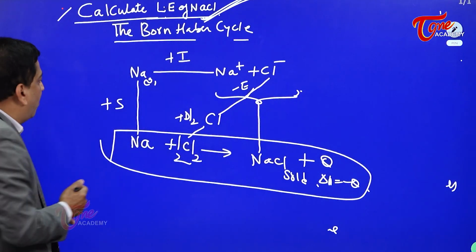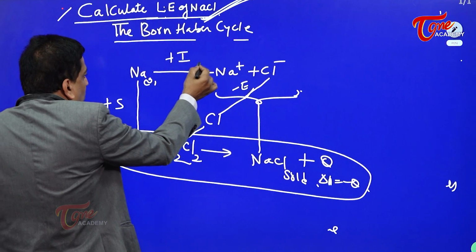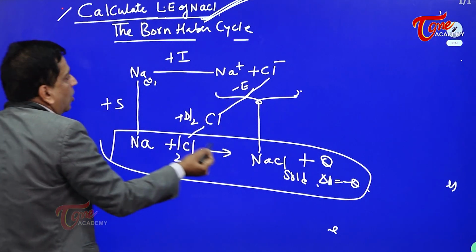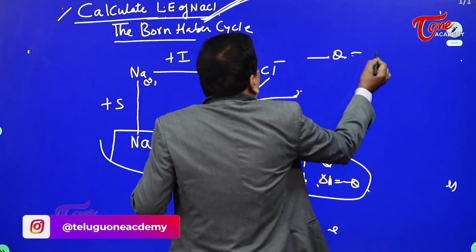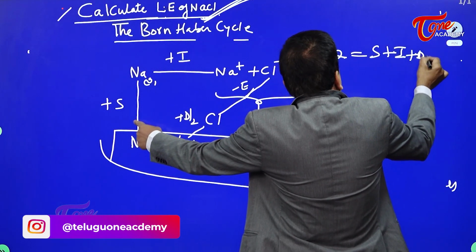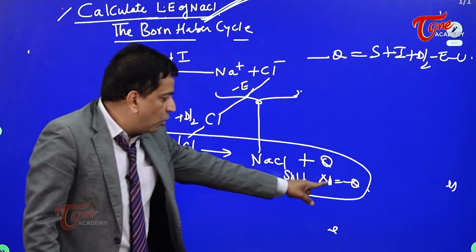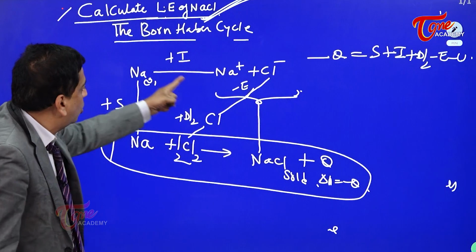You go this way, come this way, and the energy released is the same. That means minus Q of the direct step will be equal to +S, +I, +D/2, -E, -U. Single step energy must be equal to the sum total of all the energies shown here.